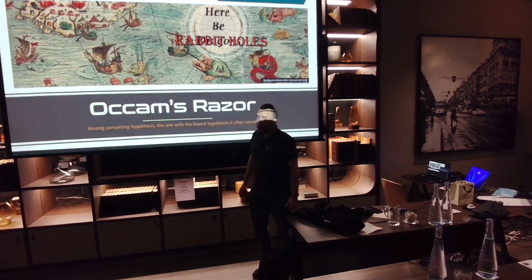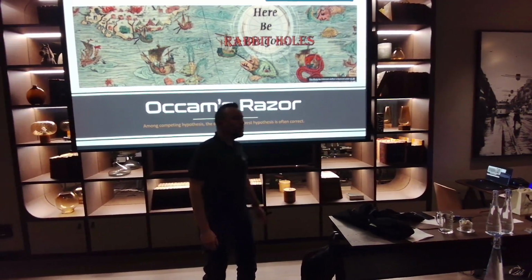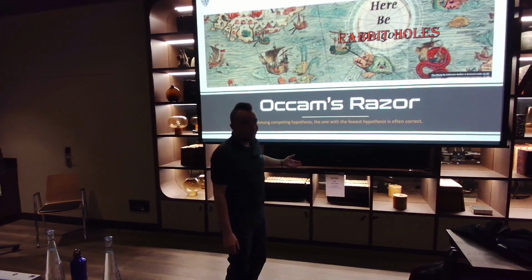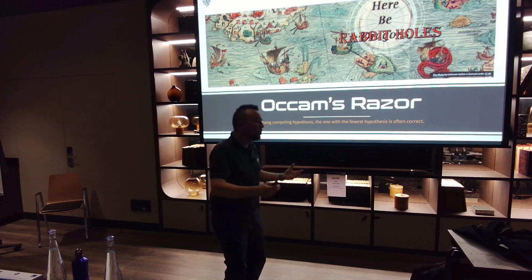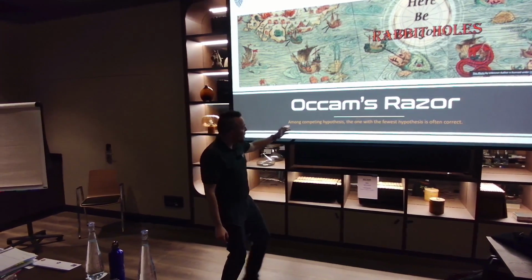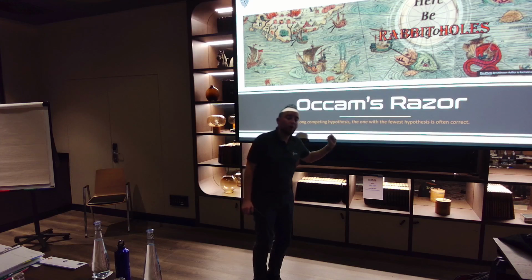And when you do this kind of very thorough fuzzing, you will notice that there are a lot of rabbit holes. And rabbit holes will take up a lot of your time. I will cover rabbit holes soon, but when you deal with them, try to think of Occam's razor principle: among competing hypotheses, the one with the fewest assumptions is often correct.